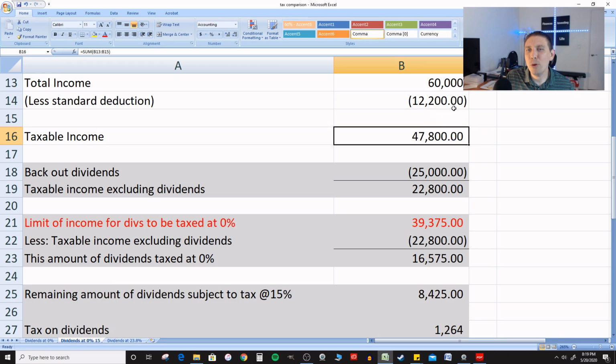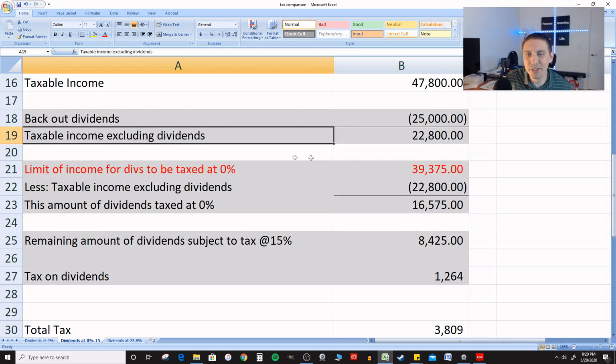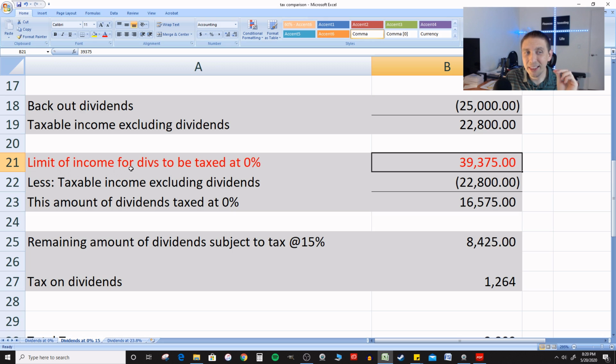Once we have determined what our taxable income is after we've backed out the standard deduction, we then need to back out the dividends from that number, okay? So when we take $47,800 and subtract the $25,000 in dividends, that leaves us with taxable income excluding dividends of $22,800. Now we look at the limit of income for our dividends to be taxed at 0%, and that number is given to us: $39,375.